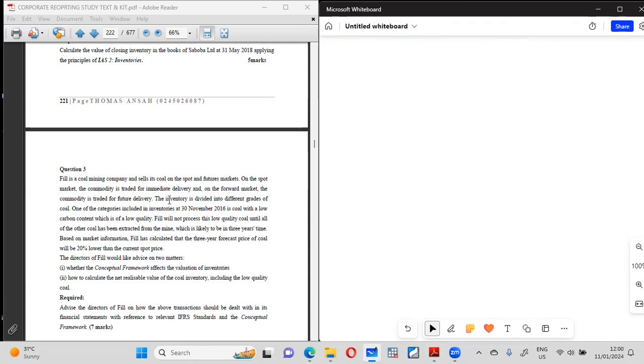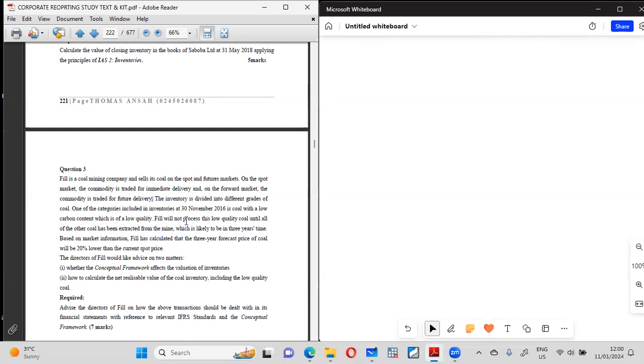On the spot market, the commodity is traded for immediate delivery, and on the forward market, the commodity is traded for future delivery. The inventory is divided into different grades of coal. One of the categories included in the inventory at 30th November 2016 is a coal with low carbon content, which is of a low quality.